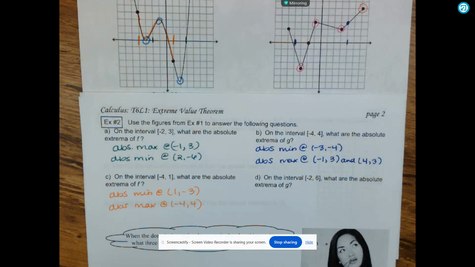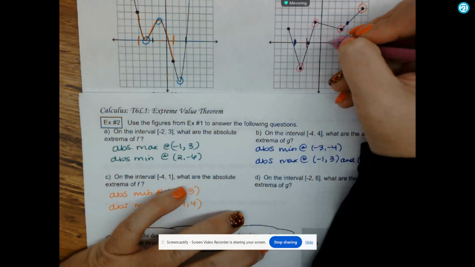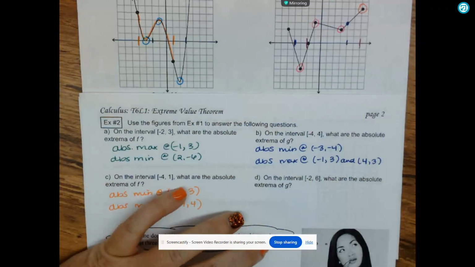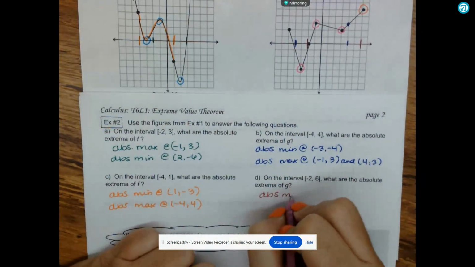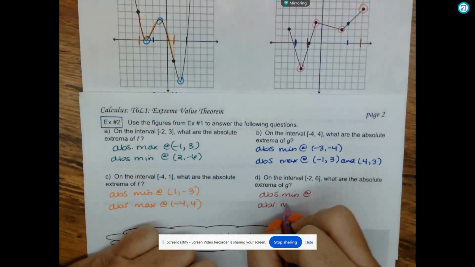All right. And then the last one says on the interval -2 to 6. So -2 is here. And 6 is here. So from -2 to 6. Max would be 6.5, yes, sir.